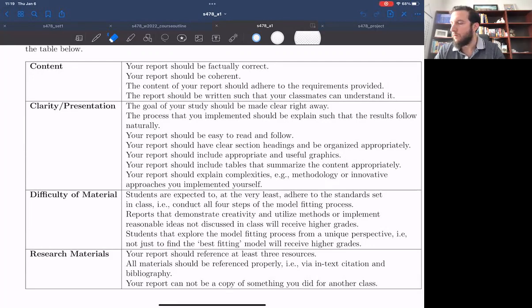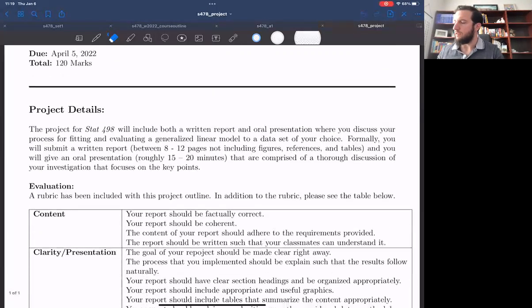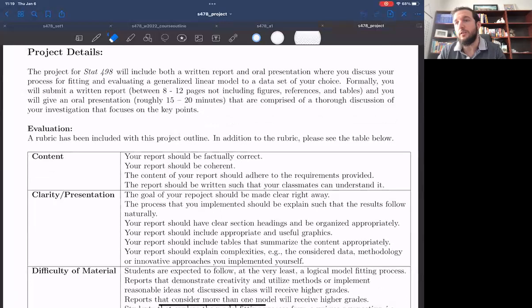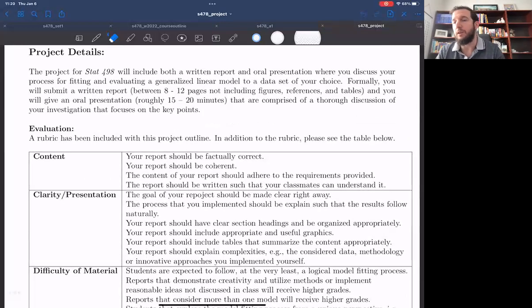And what we're going to see throughout the semester are many different types of models that can be used in a variety of different situations. So there's a lot of flexibility in how you can approach the final project for this class, which as you can see from the description, is essentially the same as the first assignment, except that you now are able to use any of the tools that we talked about throughout the semester.